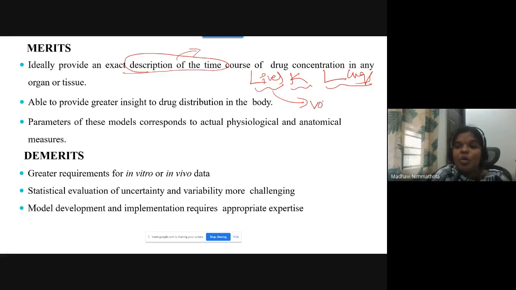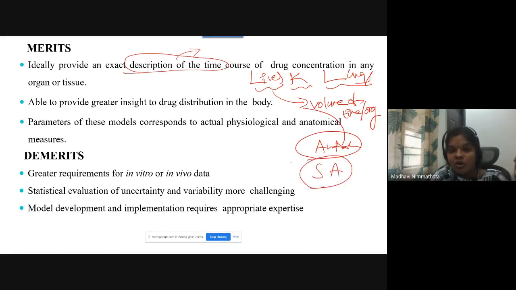Based on the volume of the tissue or organ, and based on the anatomical structure, that means the surface area provided by the organ or tissue. The surface area is also a very important parameter to distribute or deposit the drug, right? So the parameters of these models correspond to actual physiological and anatomical measures.